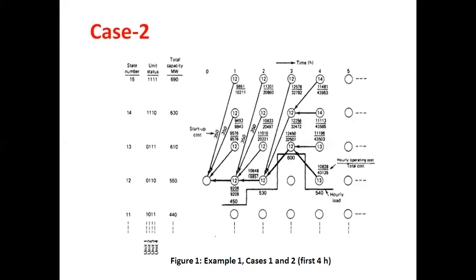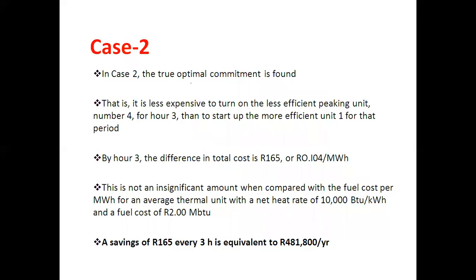So if I do the cost calculation for each state, we will see that here the true optimal commitment is found. That is, it is less expensive to turn on the less efficient peaking unit, number 4, for hour 3, than to start up the more efficient unit 1 for that particular period. We have seen that the less expensive unit is the one we have to turn on, because we have to consider the total cost.